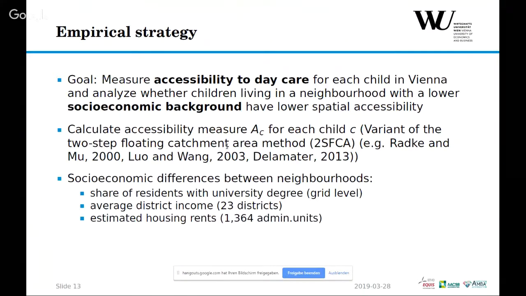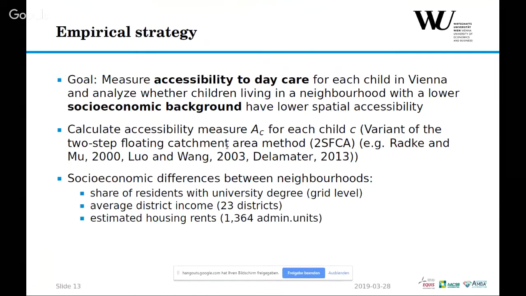And in order to measure socioeconomic differences between neighborhoods, we use 3 different indicators, which is first of all the share of residents that have a university degree, and we have that information on the grid cell level. Alternatively, we can use the average district income, but spatially this is a rather crude measure because Vienna has 23 districts and we have that information only on district level.